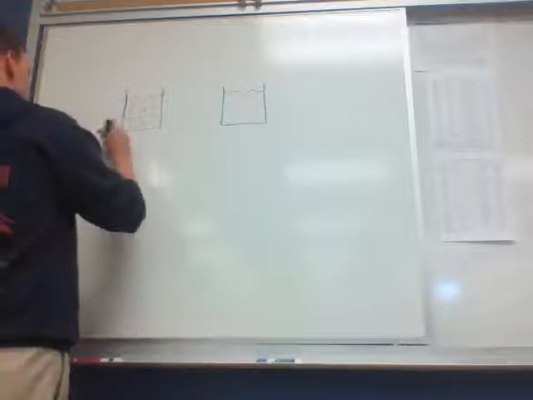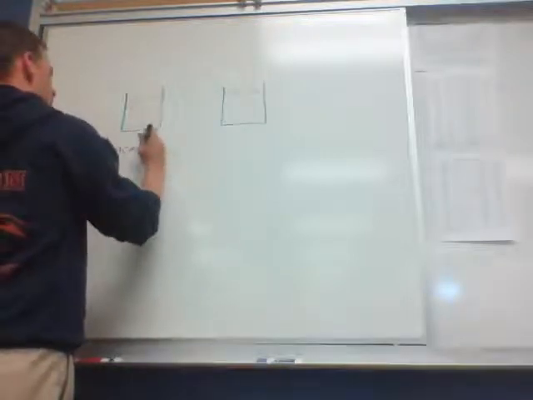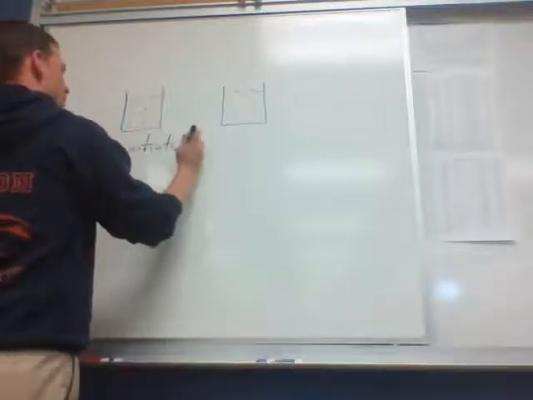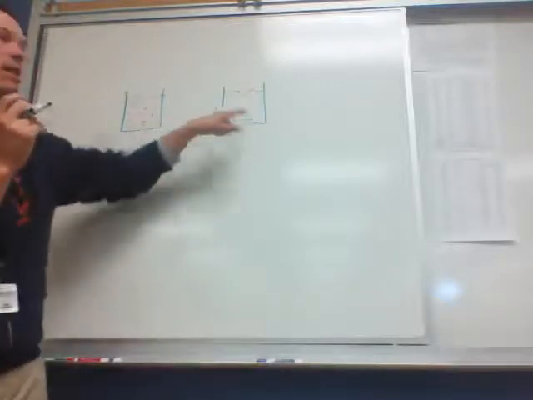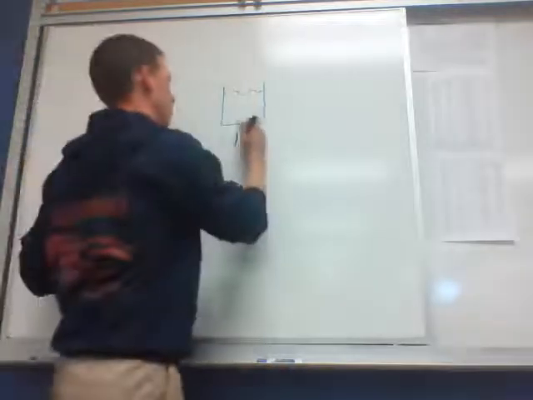Concentrated, perfect. That was faster than the other two classes, I'm impressed. All right, concentrated. So if this one's concentrated, then we can automatically assume that that one is more dilute. Beautiful.